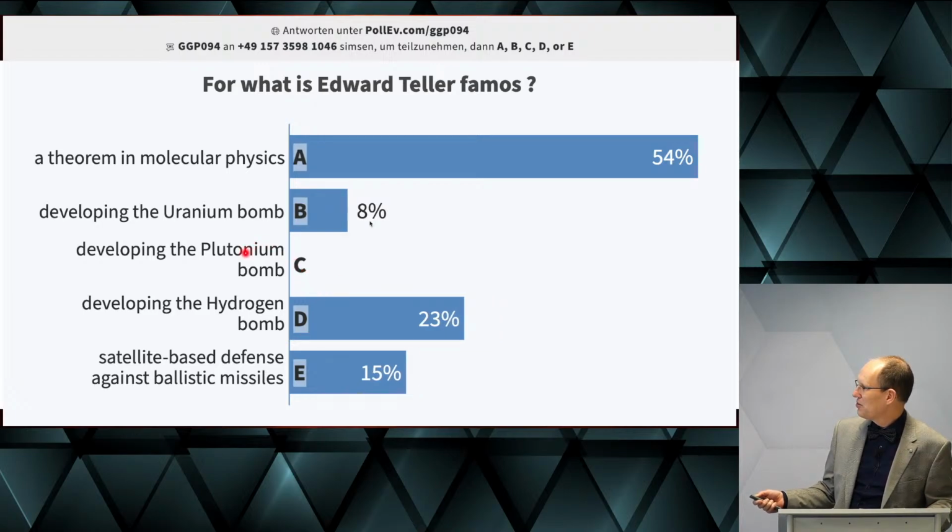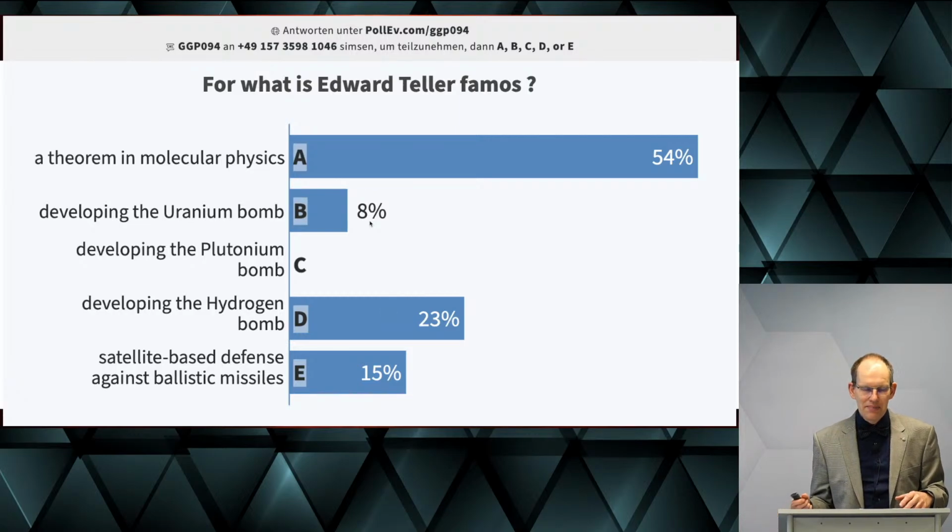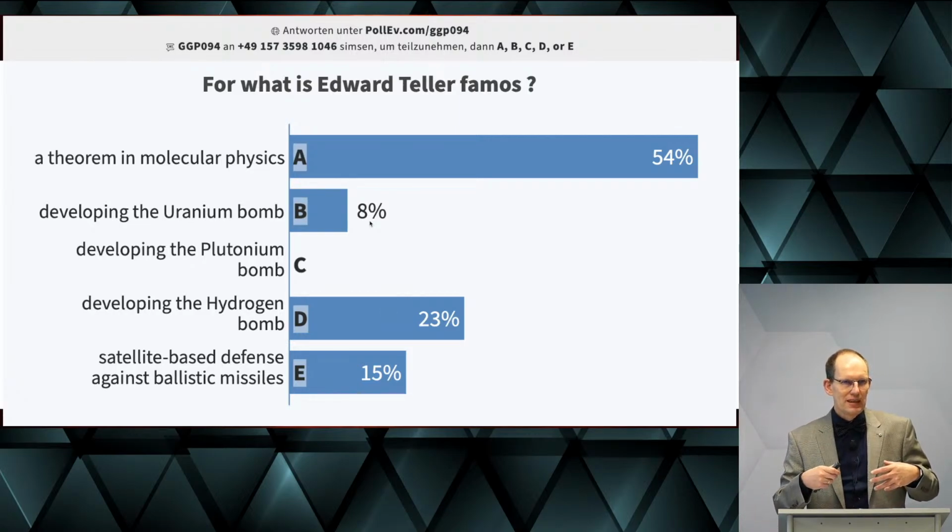The same for the plutonium bomb, but he was the one who really pushed for the hydrogen bomb immediately after the Second World War, and made enemies already at that point with colleagues by promising too much.